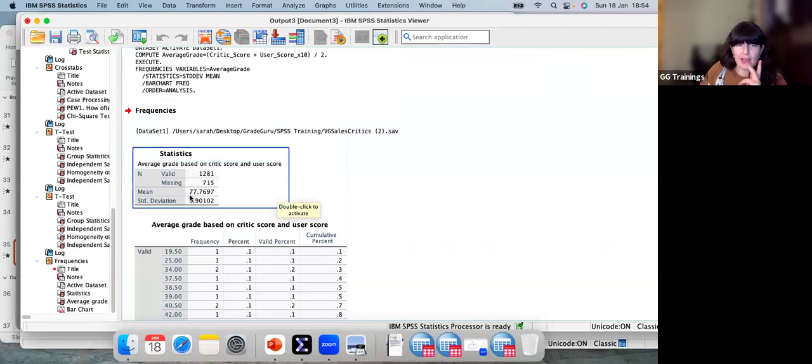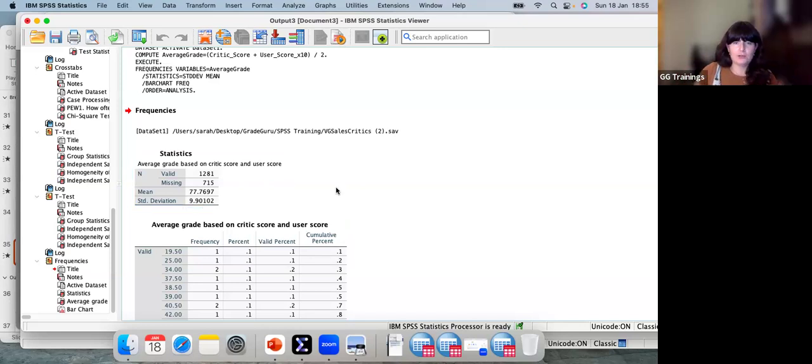The fact that the average score is 77 out of 100, would you agree that that's a pretty high score to have as the average? That's like if the overall IBCOM GPA was 7.7. That's pretty high. So that's the kind of conclusion you can make, that overall these games are scoring quite high. The question asks you to only look at the mean, but for interest's sake, the standard deviation is 9.9.